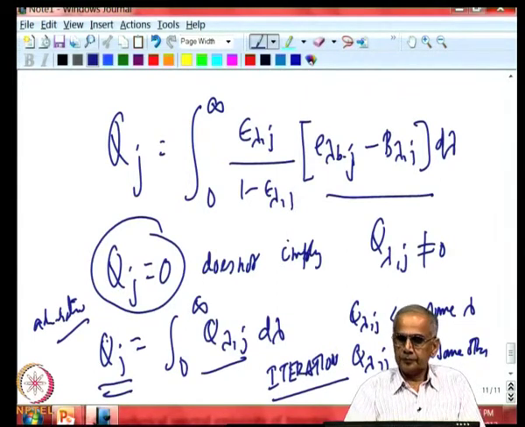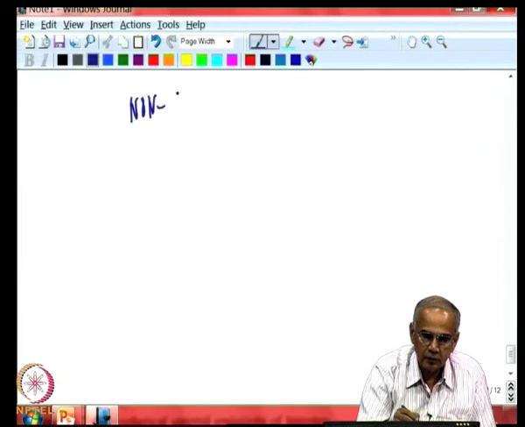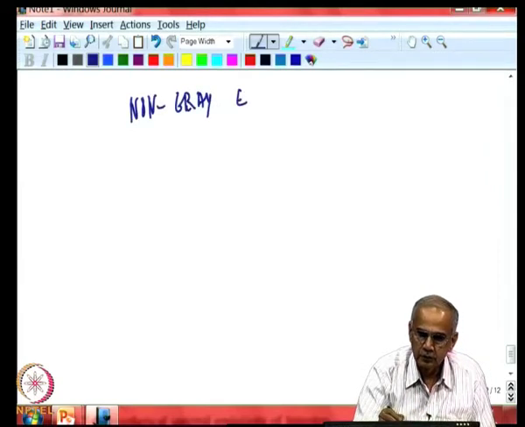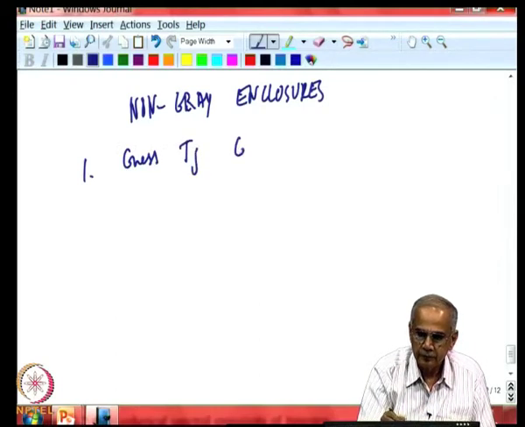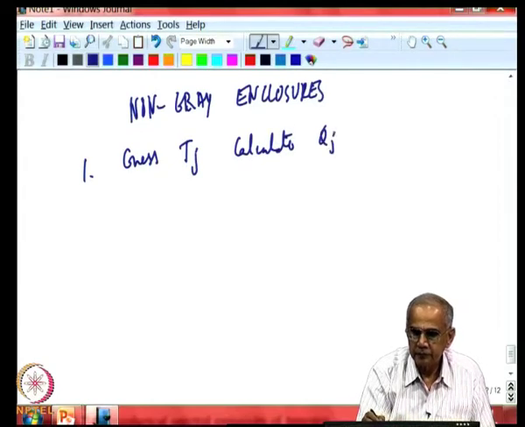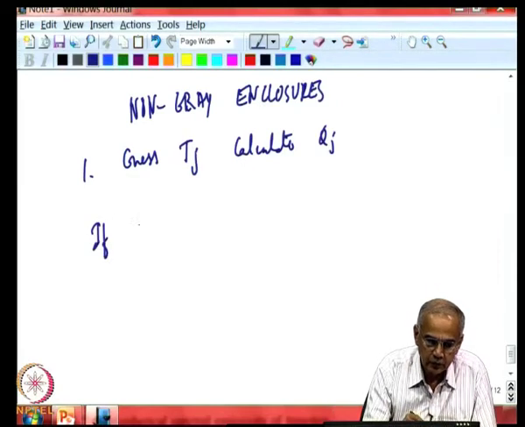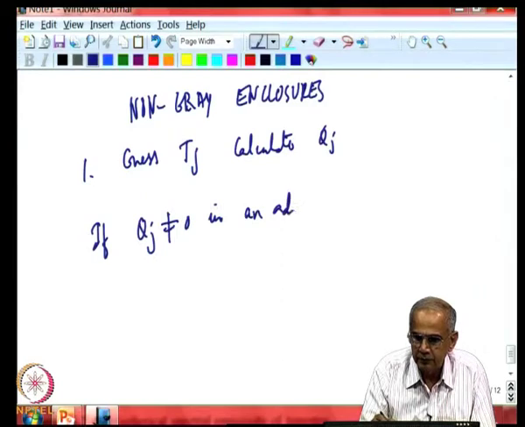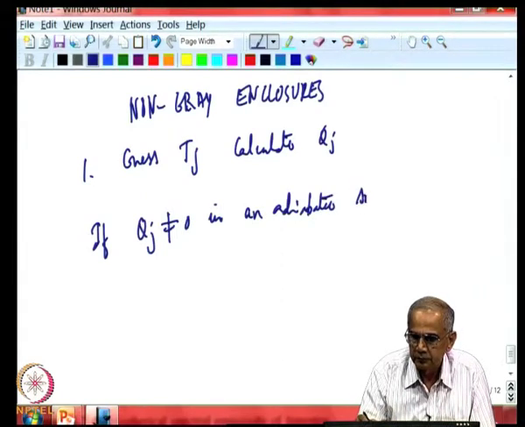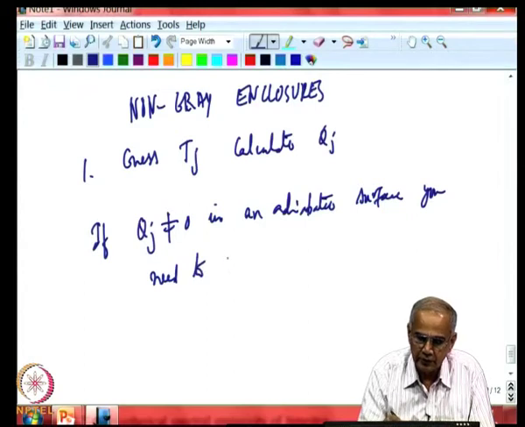You guess a temperature. So, for the non-gray enclosures, the procedure is first guess Tj, calculate Qj, then if Qj is not equal to 0 in an adiabatic surface, you need to modify Tj.